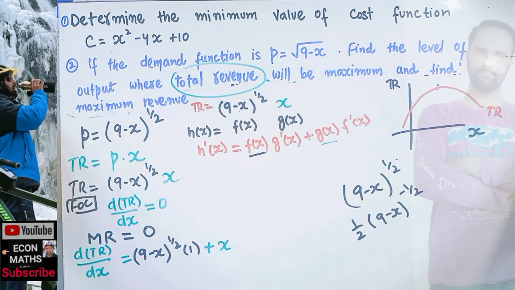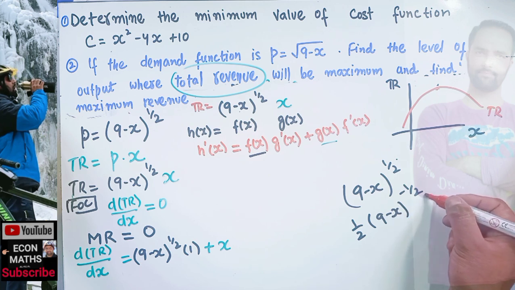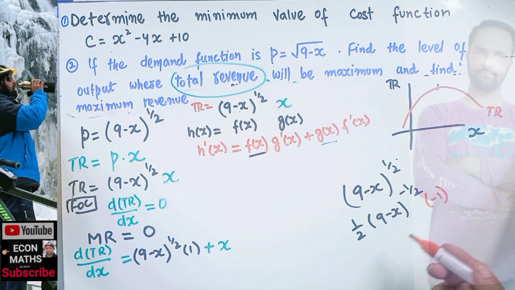Then we need to apply the chain rule. Whatever is in the brackets, we need to differentiate that as well. The derivative of a constant is 0, the derivative of x is 1, so we are left with minus 1. Then we multiply by that derivative.